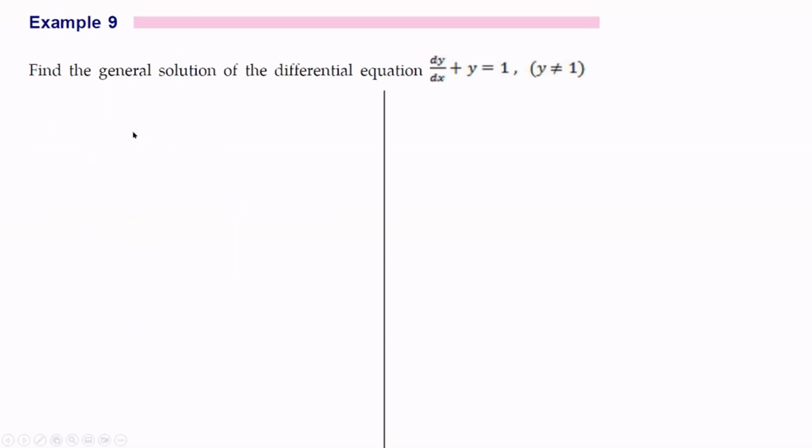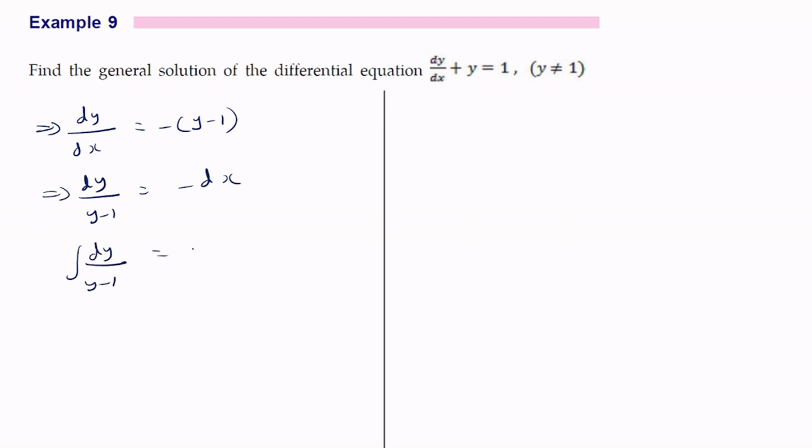Find the general solution of the differential equation dy by dx plus y equal to 1. So here this is of the form dy by dx equal to f of y. We can write this as dy by dx equal to minus of y minus 1, or dy by y minus 1 equal to minus dx. Let us integrate both sides. Integral dy by y minus 1 equal to minus integral dx, or log mod y minus 1 equal to minus x plus c.